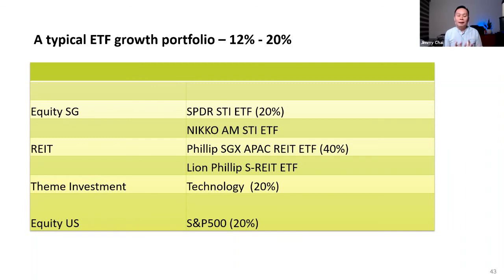So a portfolio like this is a growth portfolio, and it will give some dividends because of the REITs component, and the long-term plan is to have it grow between 12 to 20% annually. And this is through regular saving plans.